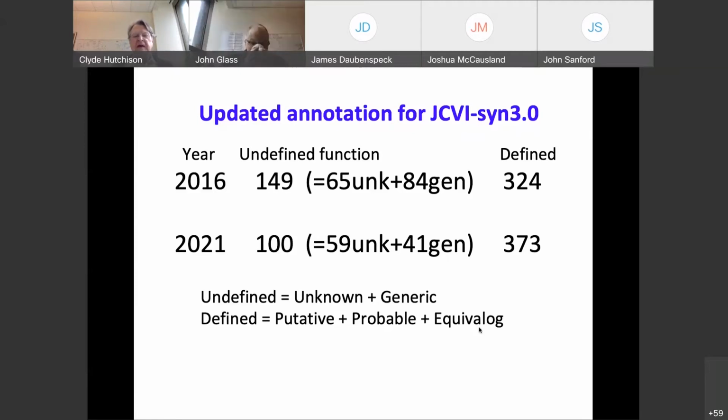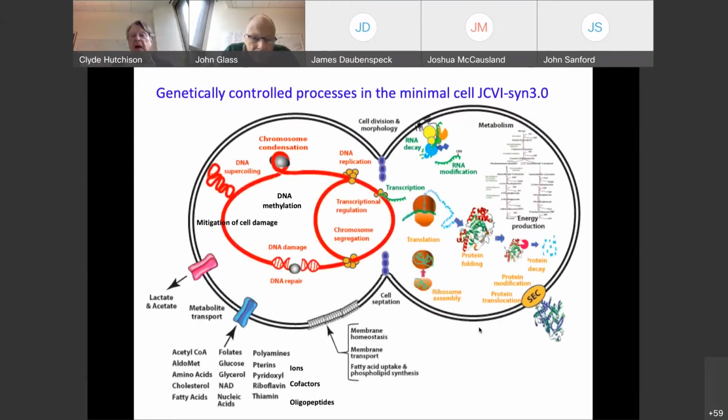And so now we're down to about one, if you just look at the completely unknown genes, about 1 in 8 of the genes in SYN3.0 is completely unknown. And we can draw a picture of the cell and label it with the names of processes that are genetically controlled.